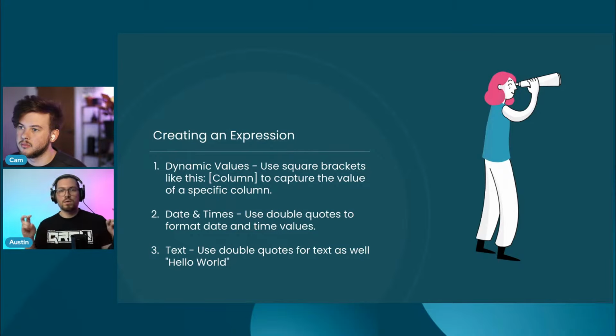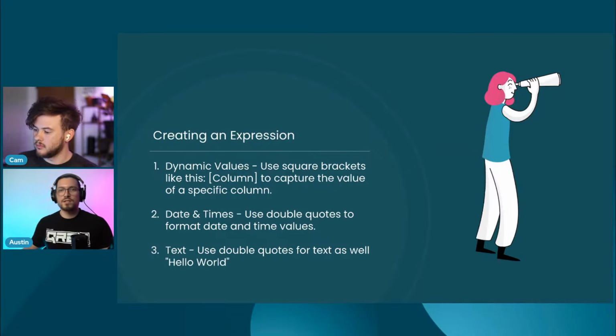For date and times, we recommend the double quotes, as well as for text. So if you want dynamic values, you use the column square brackets, and for date time it's quotation marks. You can also use some different functions. You can look back at some of our previous webinars to find those, and text is double quotes as well.